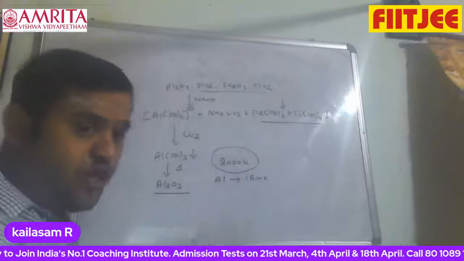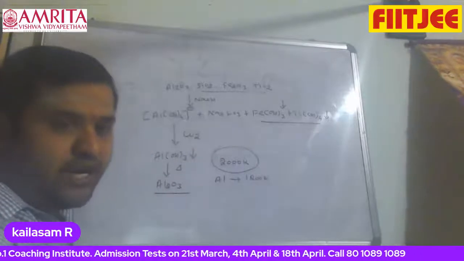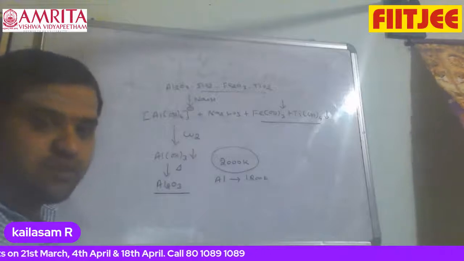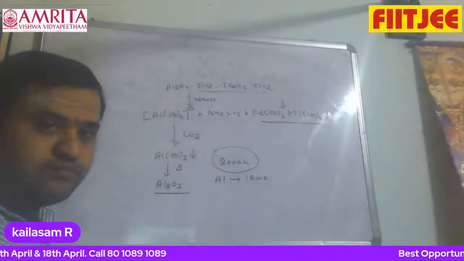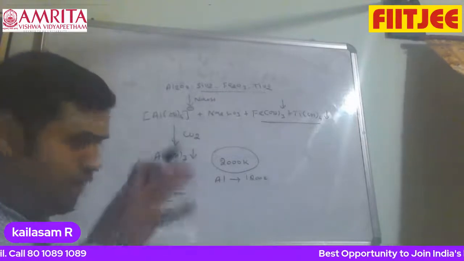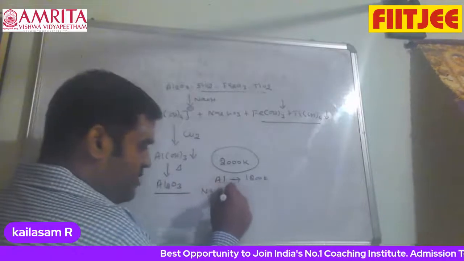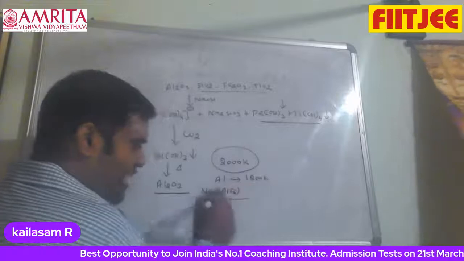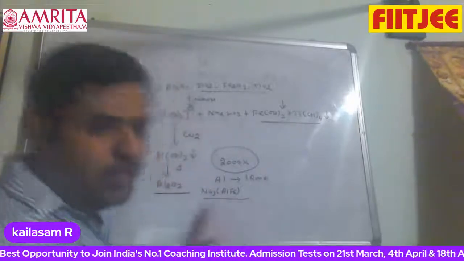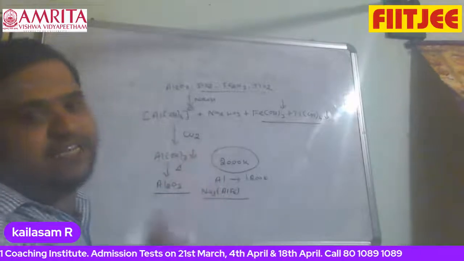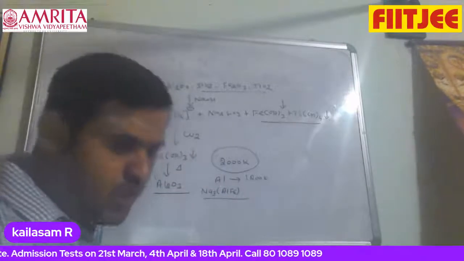To overcome that, they add cryolite, Na3AlF6, and fluorspar, to decrease the melting point of the mixture and at the same time bring good conductivity.